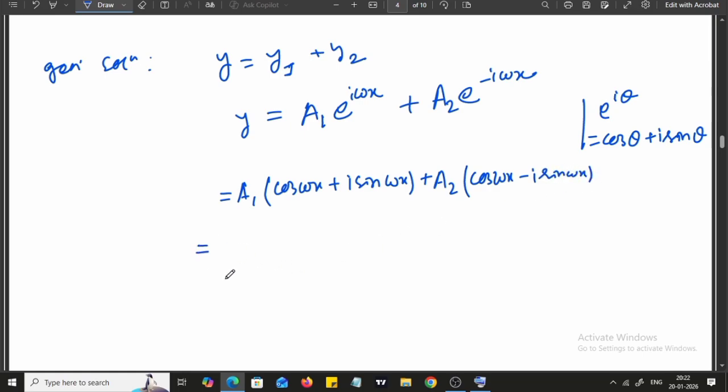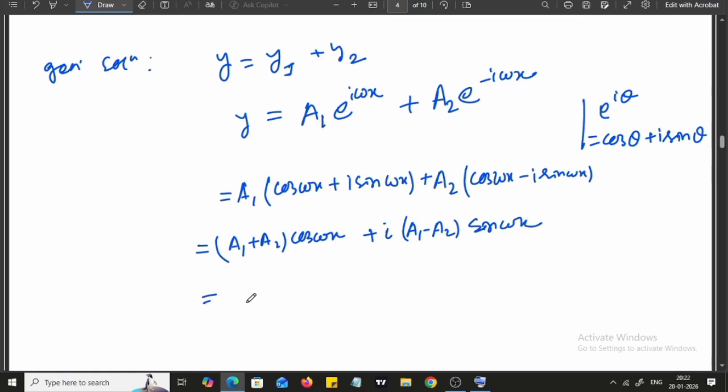In the next step, let's take common the cos part, so it will be (a1 plus a2) cos omega x plus, now for sin omega x, it will be i (a1 minus a2) sin omega x.